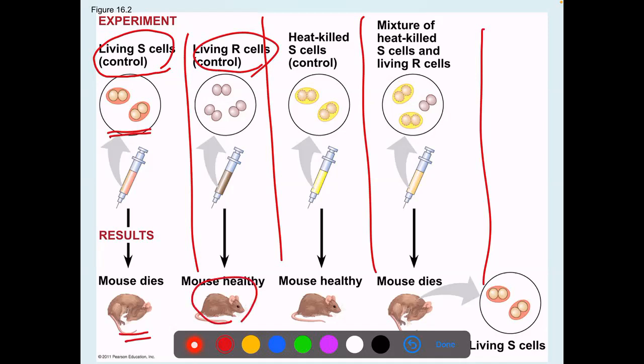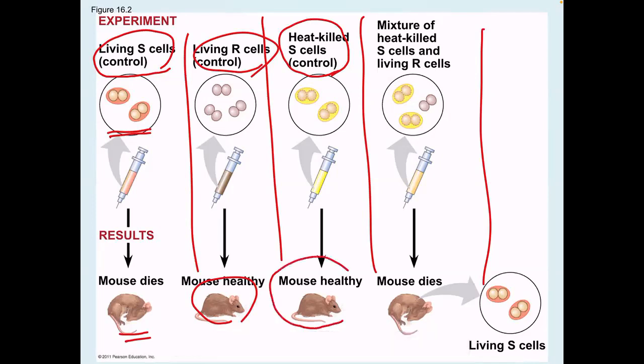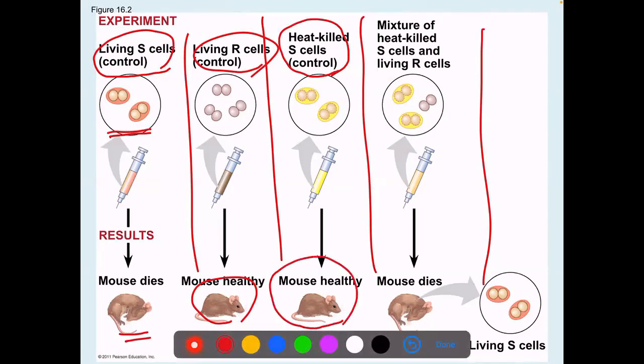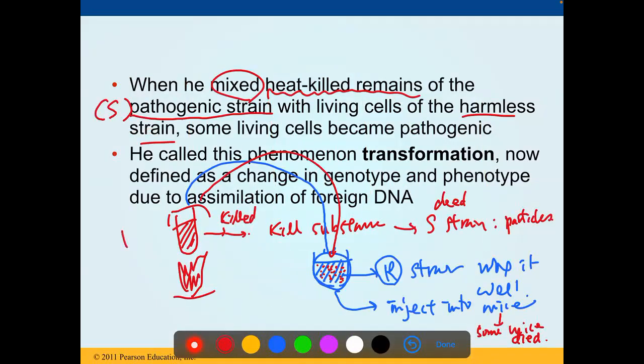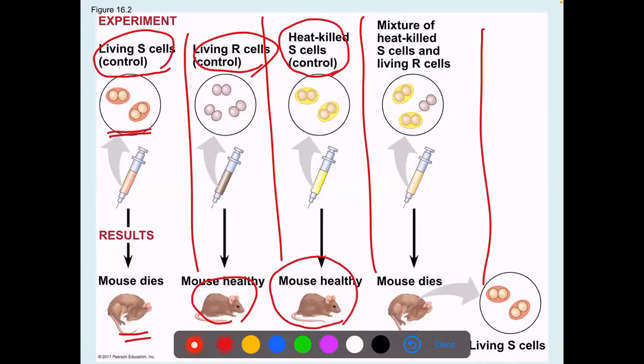So what they did is that, okay, this is a heat-killed S strain. So as a control also, heat-killed S strain, you inject into the mouse, they are still healthy there. But what they did is that my previous picture here, this guy, you mix them, okay? And then you inject them, and then the mouse dies. I think that some died.